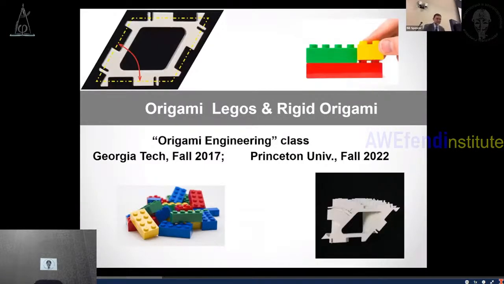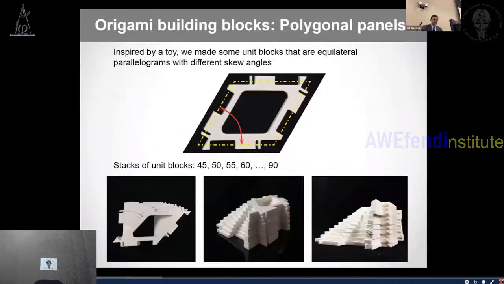It is these same ideas that we recently introduced in an origami engineering class that I taught at Georgia Tech and also at Princeton last year. One of the ideas is to use Legos, for example, to illustrate the mathematics. Here you can see the key idea of the Lego.